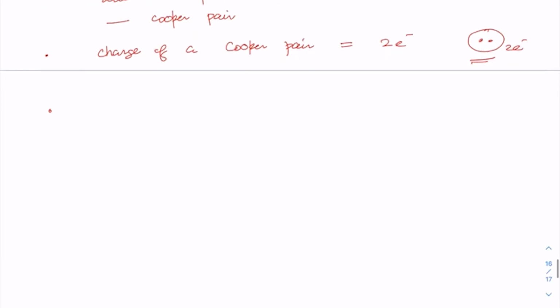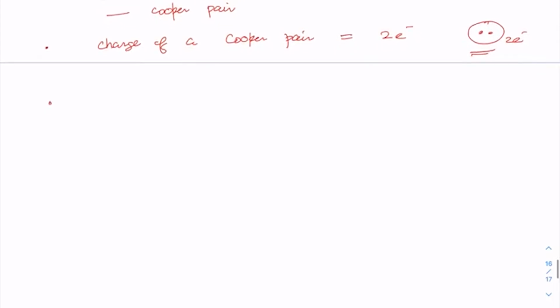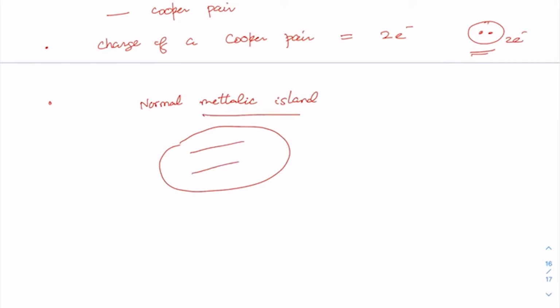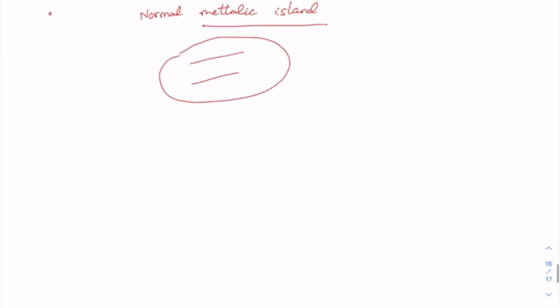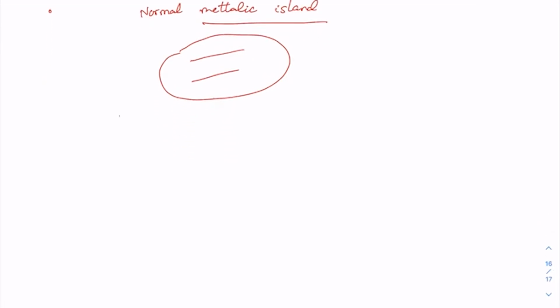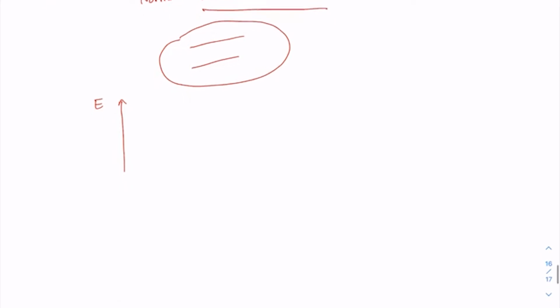Let us understand it a little bit. For example, let us consider a normal metal, or a metallic island. Some size, this is a metallic island, and if we look at the energy spectrum of this metal, suppose this is energy. If we consider a fixed number of particles in the metal, we are always going to get a ground state.